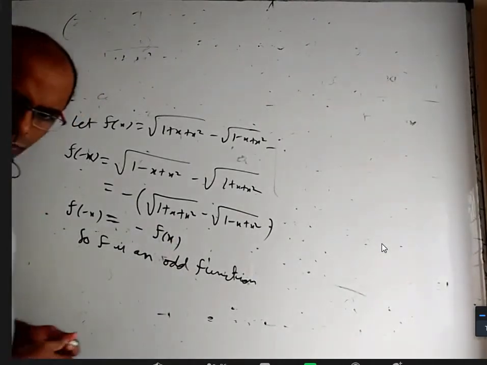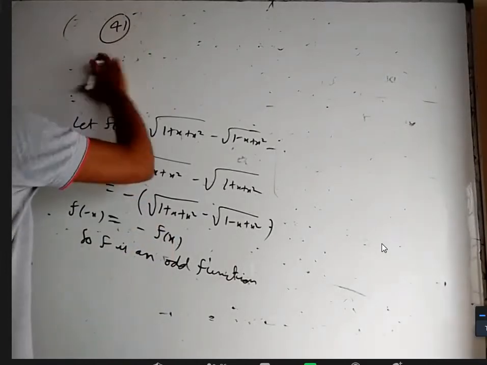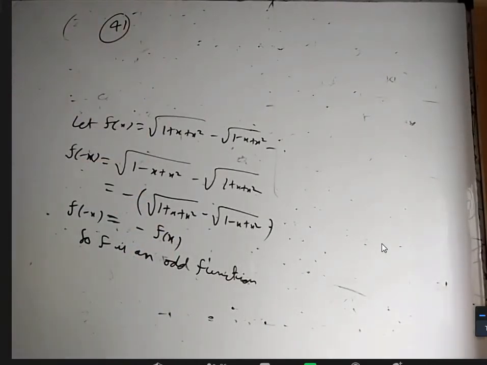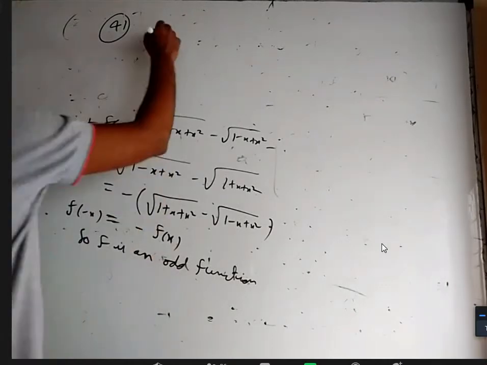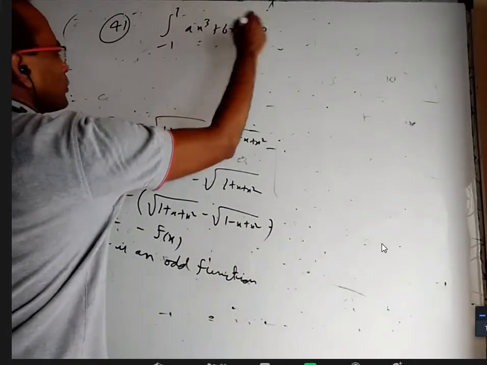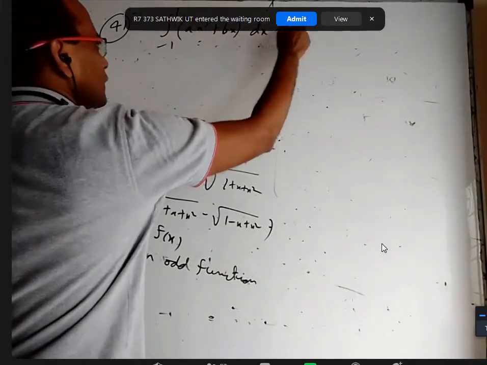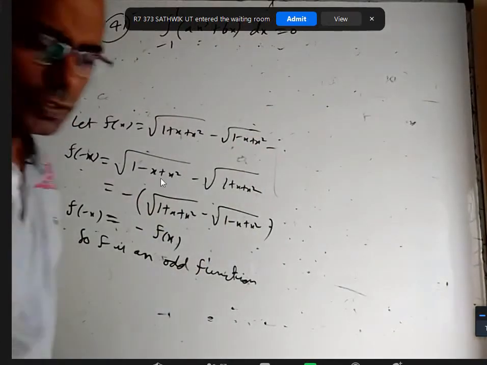Okay, 41. Integral from minus 1 to 1 of ax cube plus bx equal to 0. They are asking for what values of a and b it is 0.